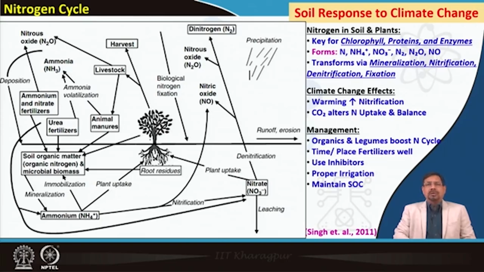All of us know about the rotation between the kharif and the rabi crops. The legume crops have nodules in their root system, so there you have a lot of nitrogen deposition.